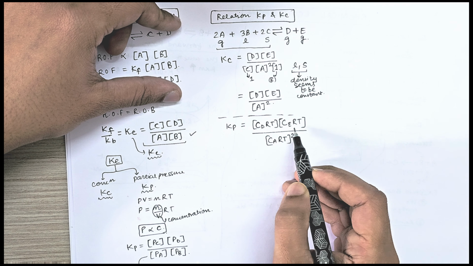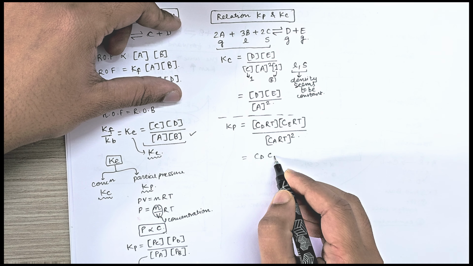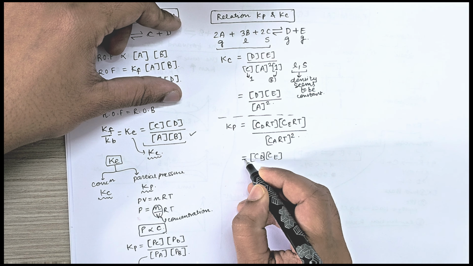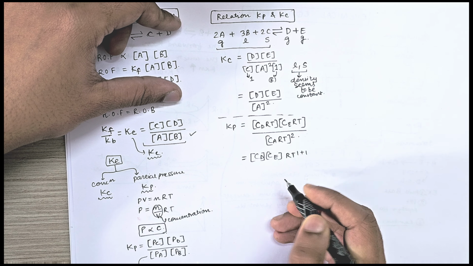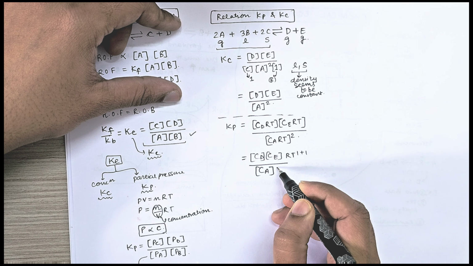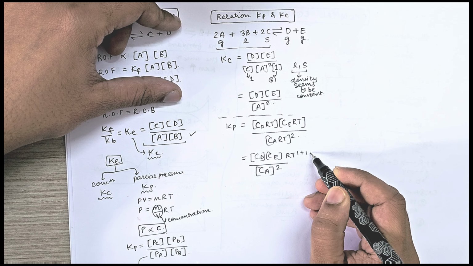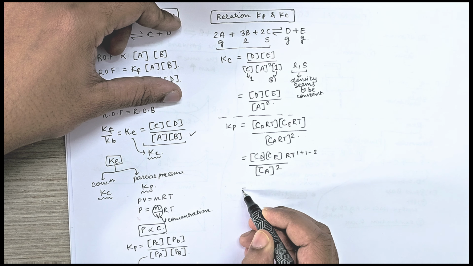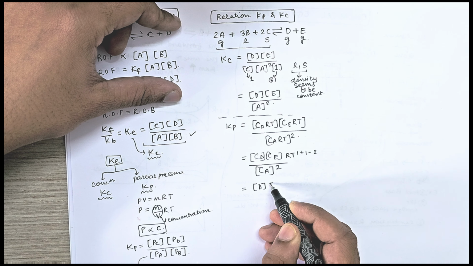When we see this equation, you can write it as CD multiplied by CE, and RT to the power of 1 plus 1 minus 2, divided by CA squared, because the RT in the denominator goes upwards, and this is the concentration basically.